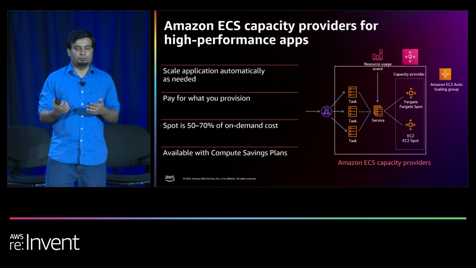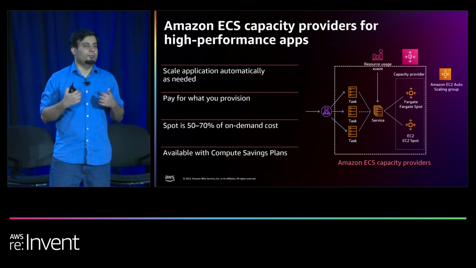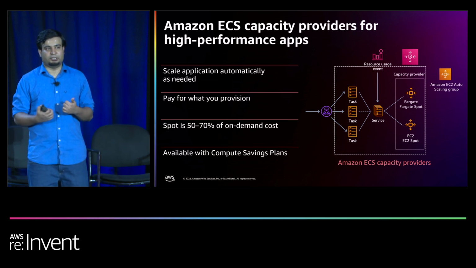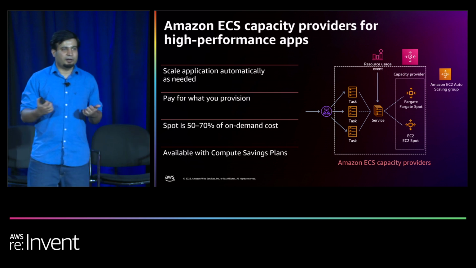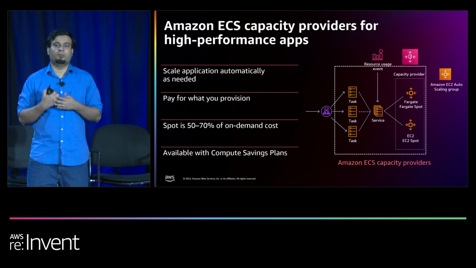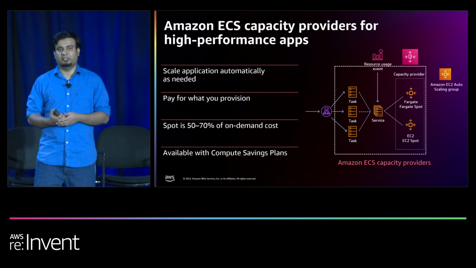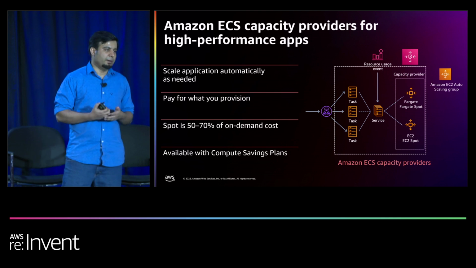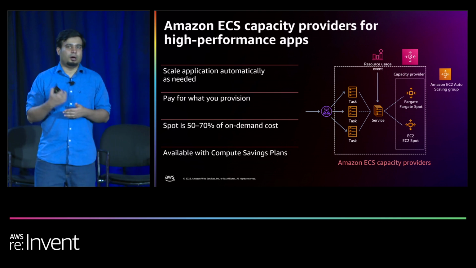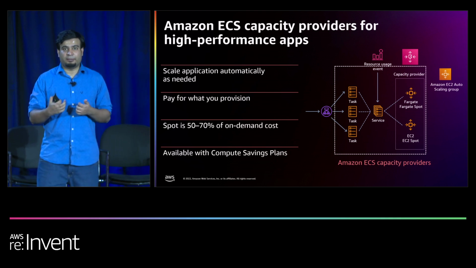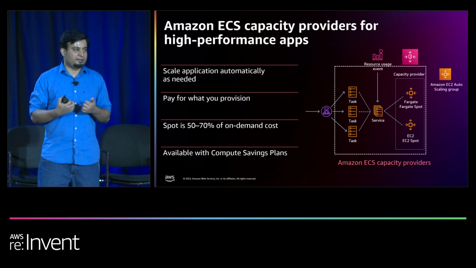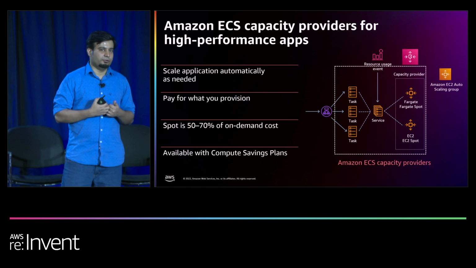In that case, choosing EC2 provides you more control over the infrastructure that is provisioned. Some other examples could be that you want more control over the underlying EC2 instances, for example, to apply security patches, add them to your Amazon machine images, and so on. Those customizations are enabled by EC2.